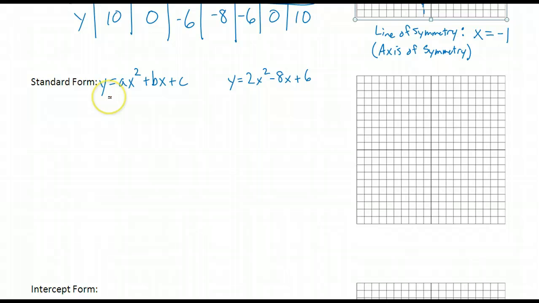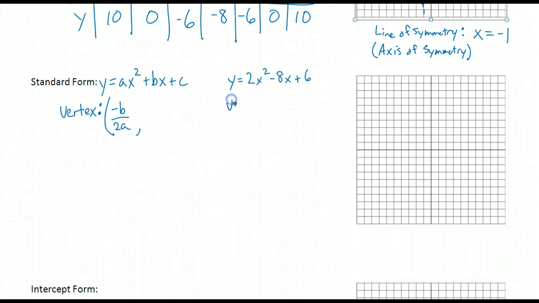In order to graph a parabola in standard form, we first need to find the vertex. Now, in order to find the vertex, we're going to borrow a page from the quadratic formula. We're going to take the first part of the quadratic formula, negative b over 2a. Negative b over 2a will be the x portion of our vertex.